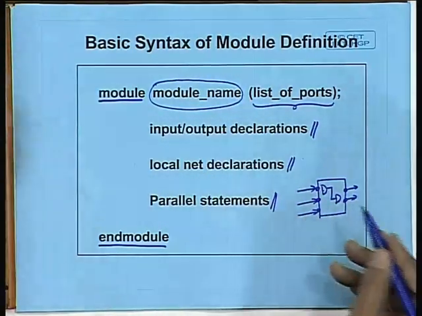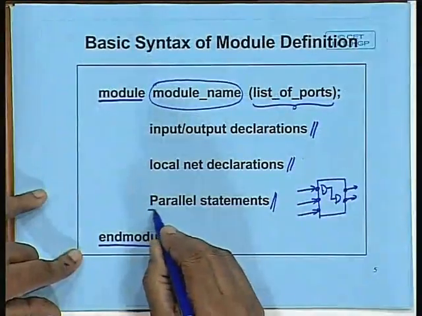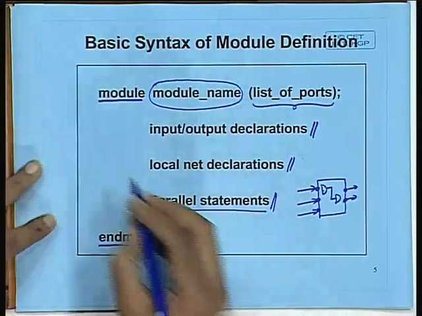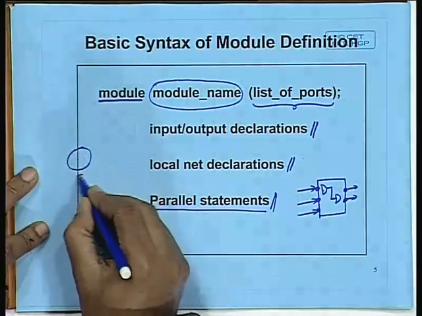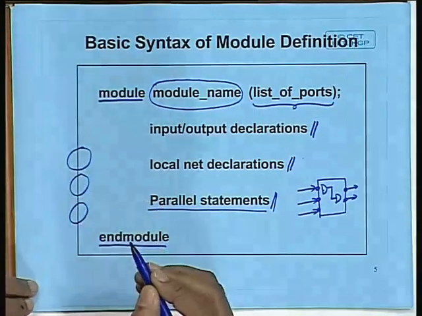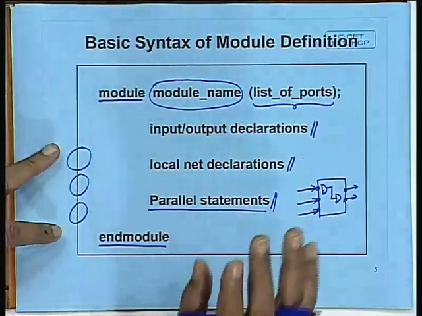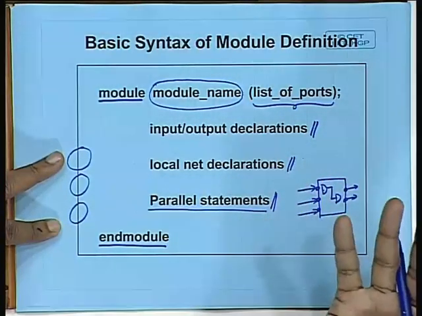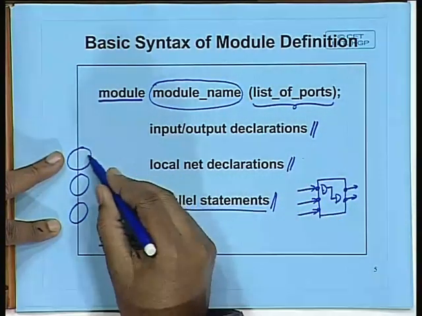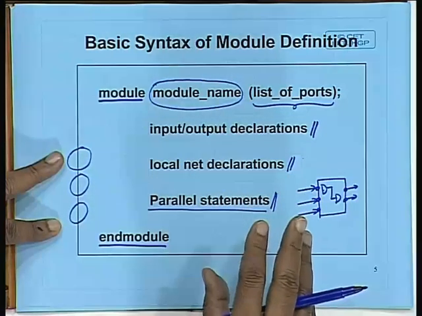Then comes the actual specification of your block. Here I say these are parallel statements because you can specify a number of statements, and you understand that in Verilog we are trying to specify hardware. Each of these statements will be mapped into some hardware blocks.